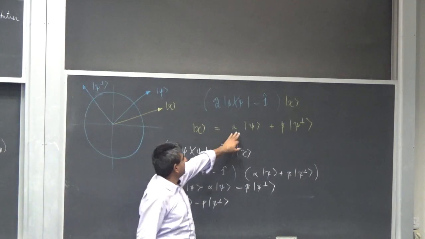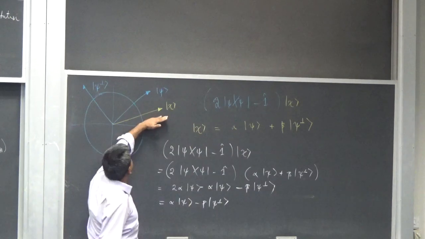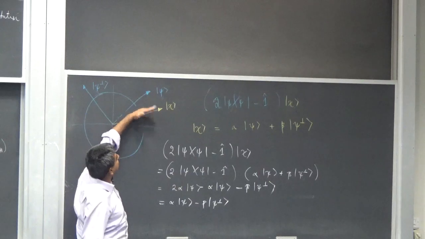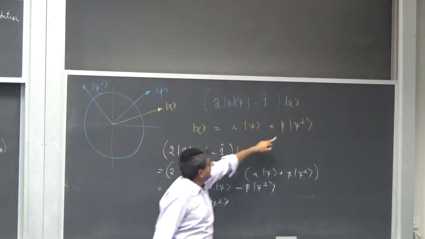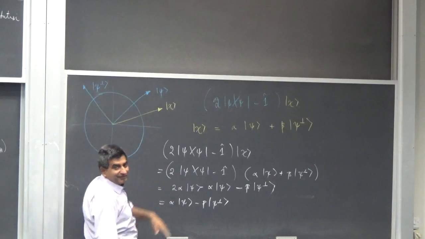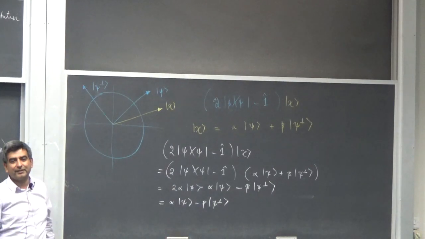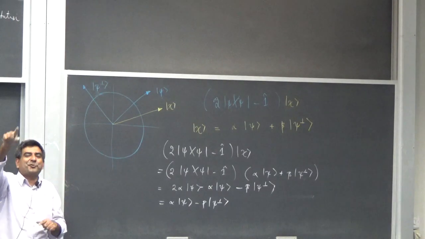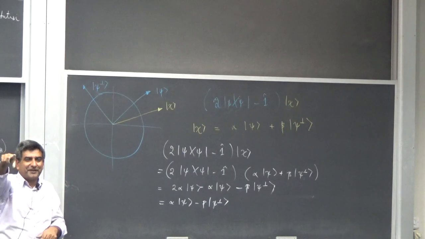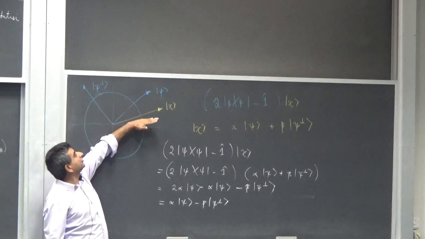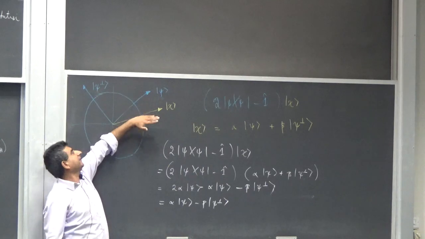It's the inner product of ψ with χ. And β is the inner product of ψ perpendicular with χ. Exactly. It's going to be a rotation, not a reflection. It's going to be a rotation about this axis, in this fashion.